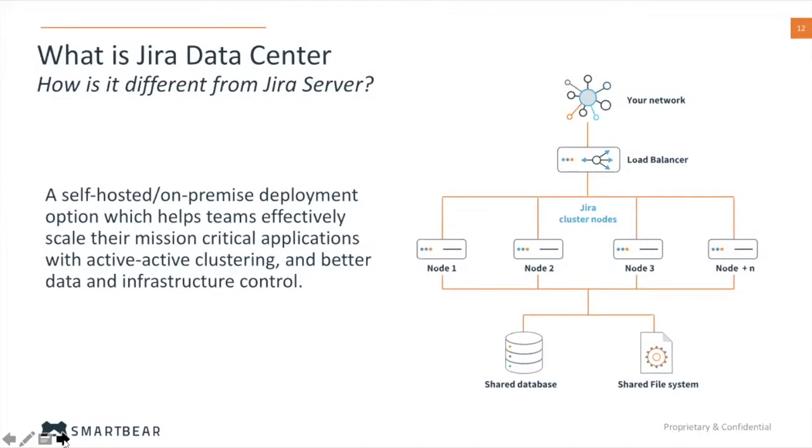So there is no fixed number here, but generally a 2 to 4 node cluster serves well. Then you have the database, which is installed separately from the application nodes. Atlassian supports a range of databases, including Postgres, Oracle, MySQL, and Microsoft SQL Server. Lastly, you have the shared file system, which is set up on its own independent node, and it stores the same data that you would on Server, which includes your plugins, your logos, import and export files, etc.